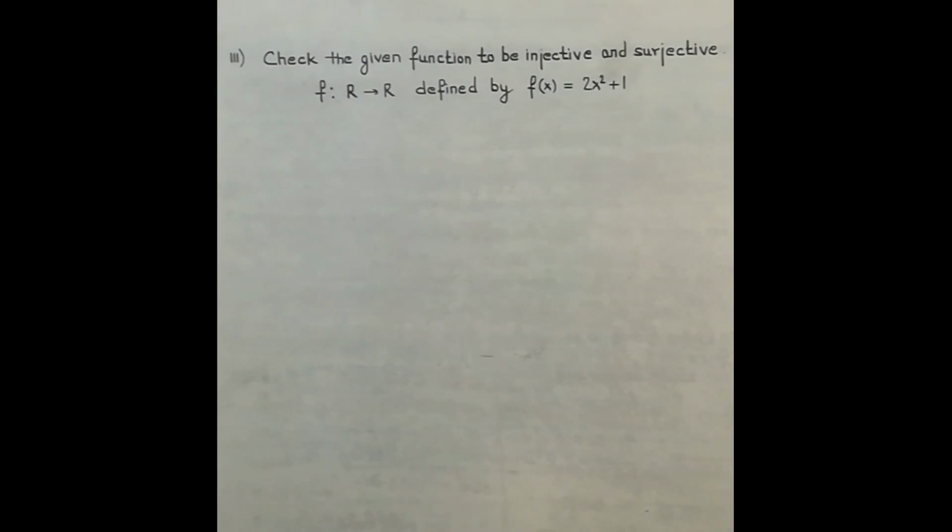Question number 3, we have to check for injective and surjective function, and the function given is f(x) = 2x square plus 1, where domain and codomain both are set of real numbers. Okay, now let us check for 1 1 function.